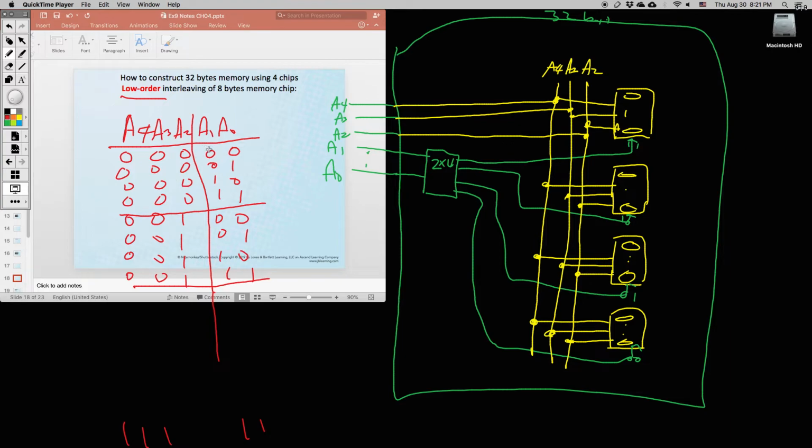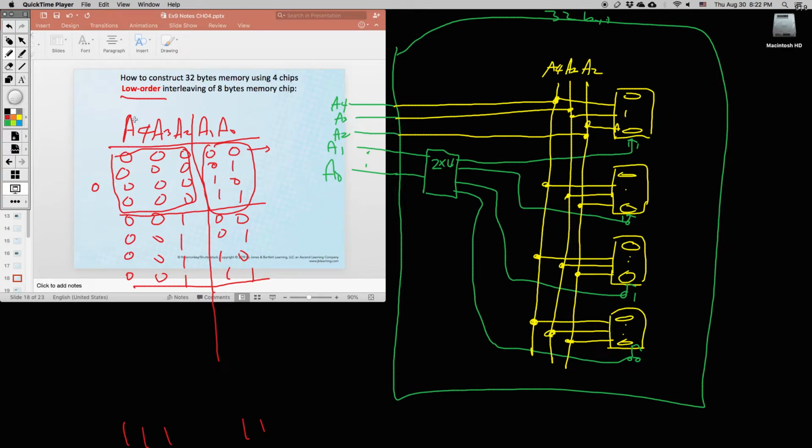Since the least significant two bits are used to select the chips, the very first time this address is given, 0, 0, this chip is enabled, and the three bits A2, A3, A4 are addressing within that chip, so they are all zeros for this group. These two bits select the chips.